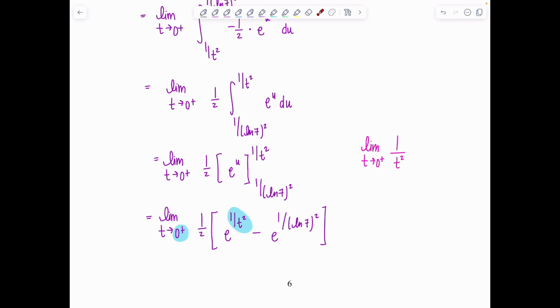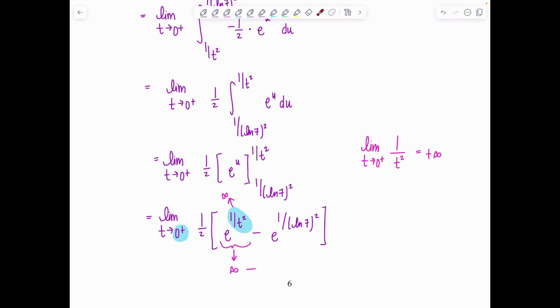It's getting big. It's going to infinity. We just have to determine if it's going to positive or negative infinity. t is going to 0 from the right, plus this is squared, so for sure this is going to positive infinity. So the exponent is going to positive infinity. e raised to something getting really, really big is going where? Positive infinity as well. Yes.